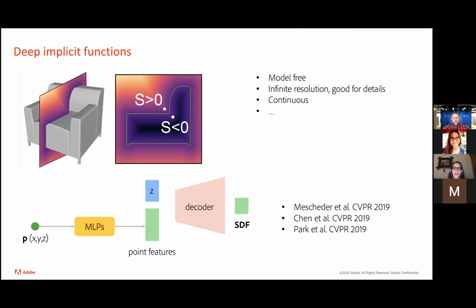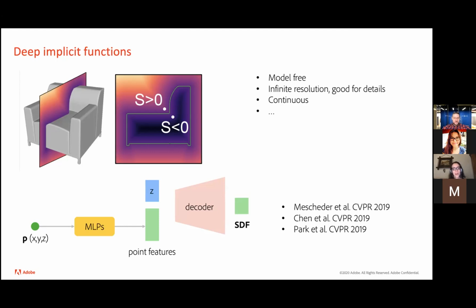A common approach has been, can we train a network, mostly in the form of multi-layer perceptrons, that would take a point in 3D space, X, Y, Z, extract some point features from it, and then attach another latent code Z, and give this information to a decoder that will predict the corresponding signed distance of this particular point.